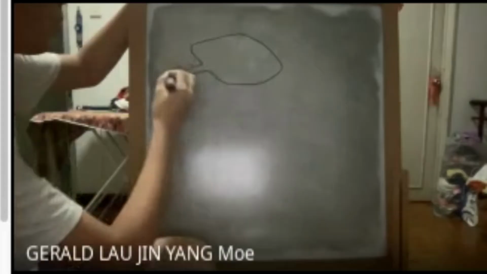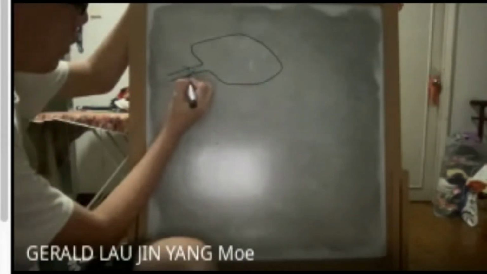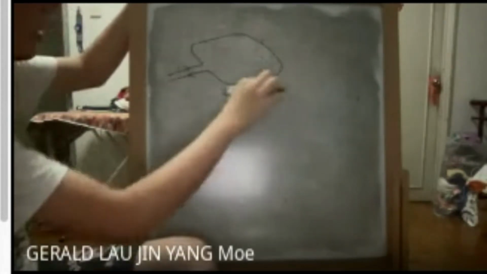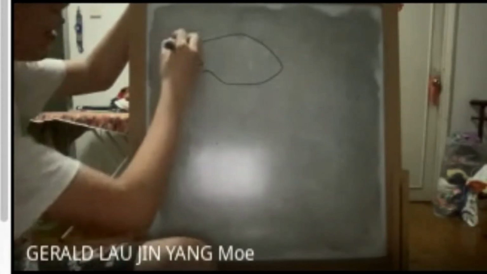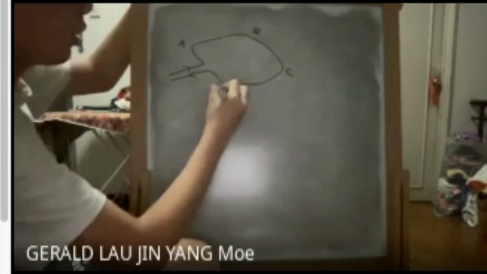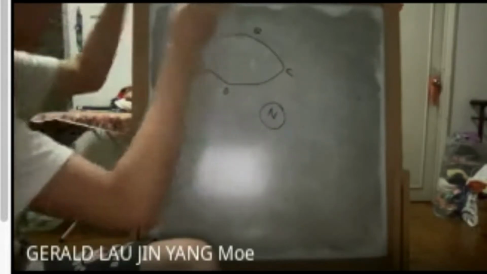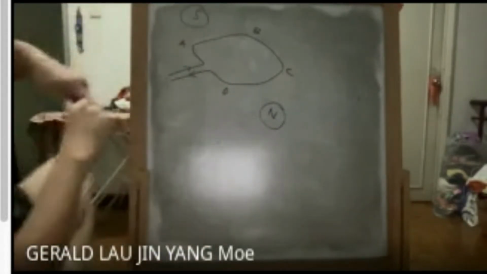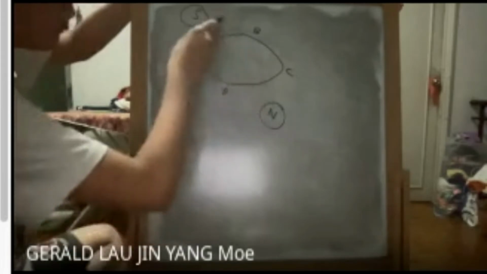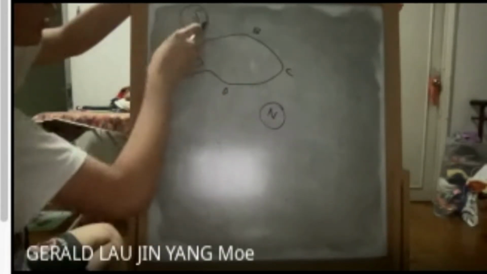Current is moving like this and then moving here. That means one loop like that. This is AB, and this one is CD. North pole magnet, south pole magnet. Remember, the magnetic field line is moving like that, from the north to the south.